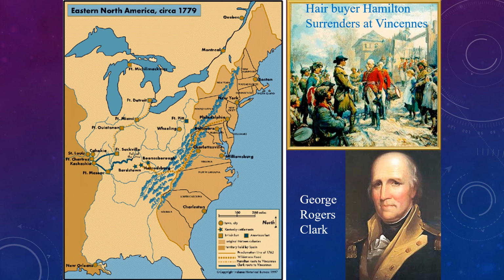By capturing Kaskaskia, Cahokia, and Vincennes, George Rogers Clark gave us a bargaining chip at the negotiating tables. That worked perfectly, and it turned into the modern states of Ohio, Indiana, Michigan, Illinois, Wisconsin, and part of Minnesota.